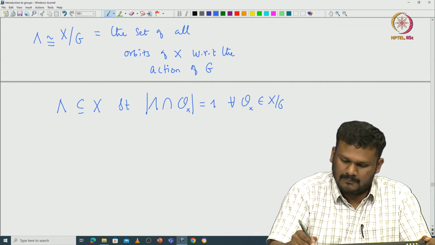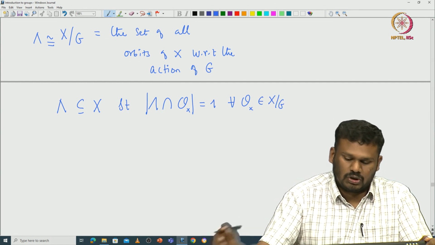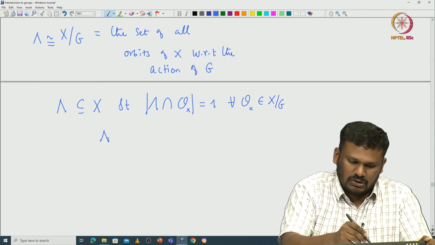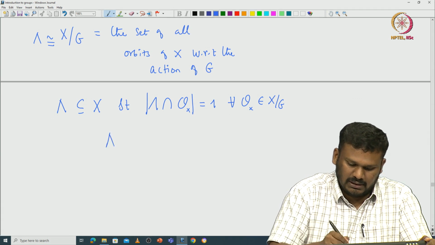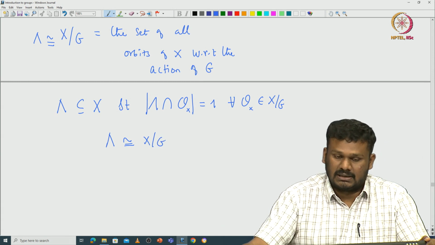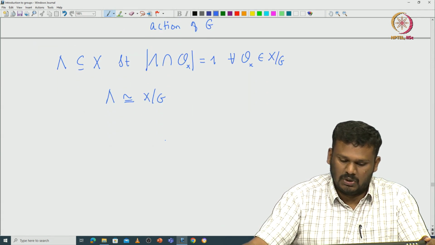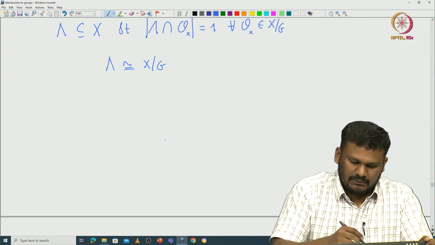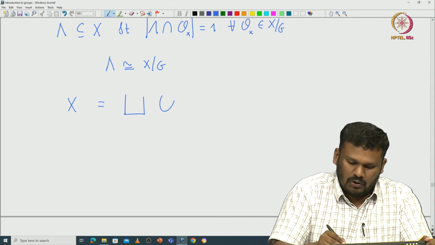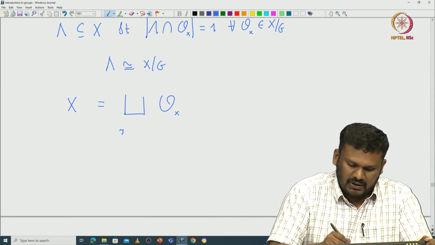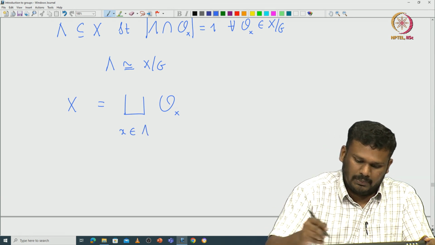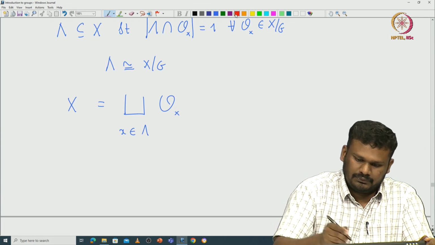So in particular we have a natural bijection from capital lambda to X mod G. With this bijection we can identify capital lambda with X mod G. So then we can write X as a disjoint union of all these orbits, where x runs over capital lambda. This is called the orbit decomposition of capital X.